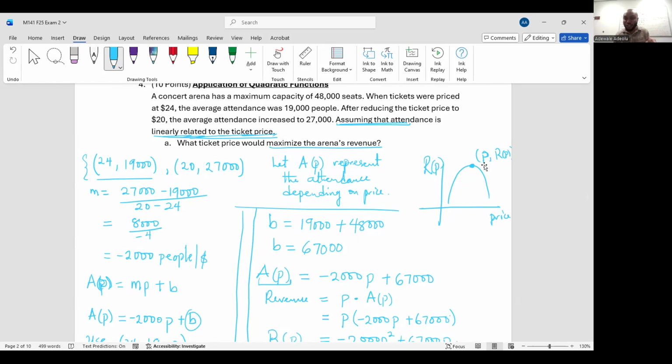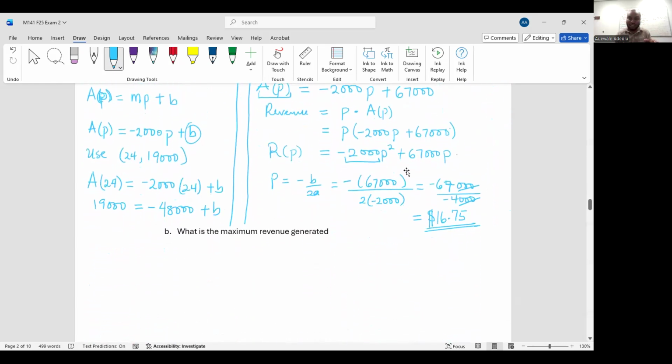The price that maximizes the revenue. So what you need to do is ask yourself, what is the formula for revenue? Revenue that depends on P is negative 2000 P squared plus 67,000 P. So the price that maximizes that is 16.75.